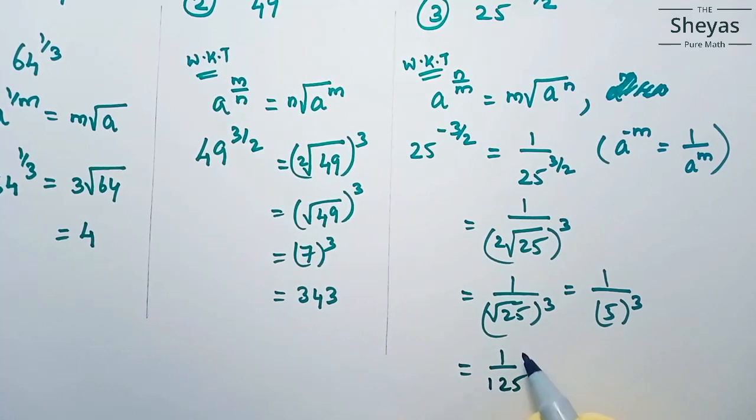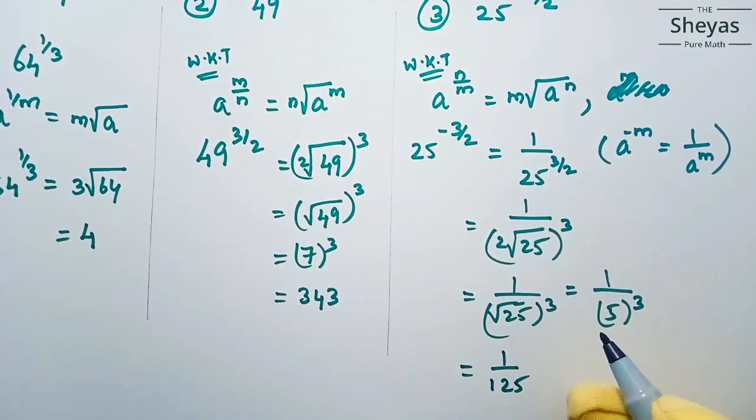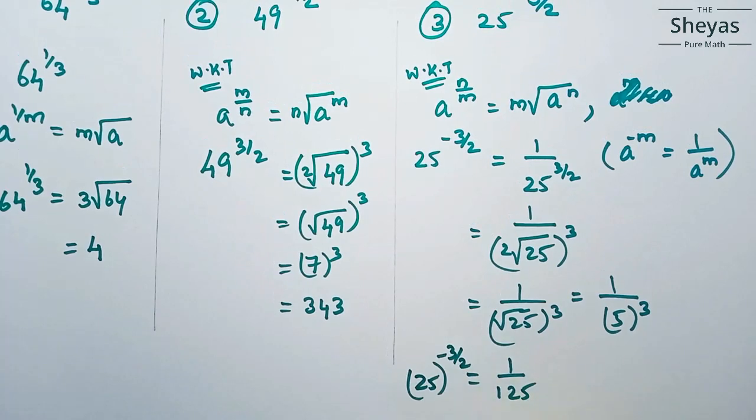So 1 by 125 is the required answer. So 25 power minus 3 by 2 is equal to 1 by 125. So this is the required answer.